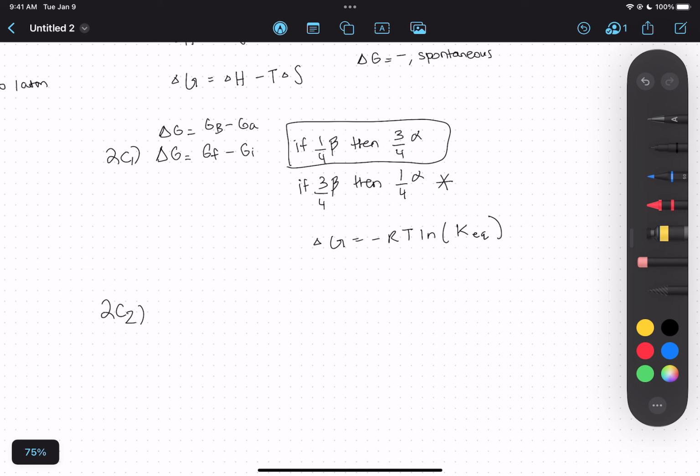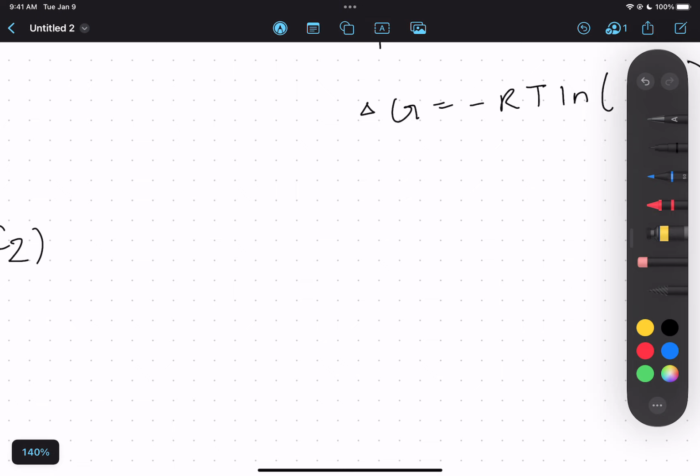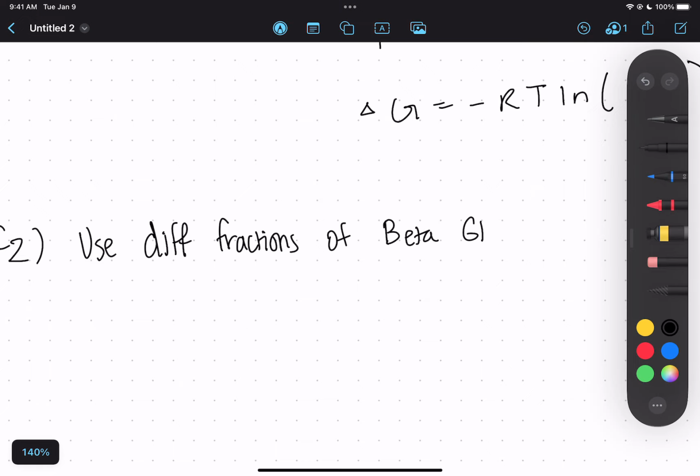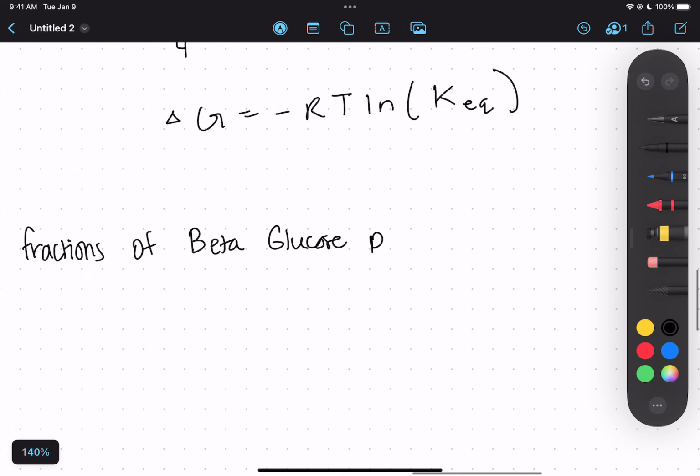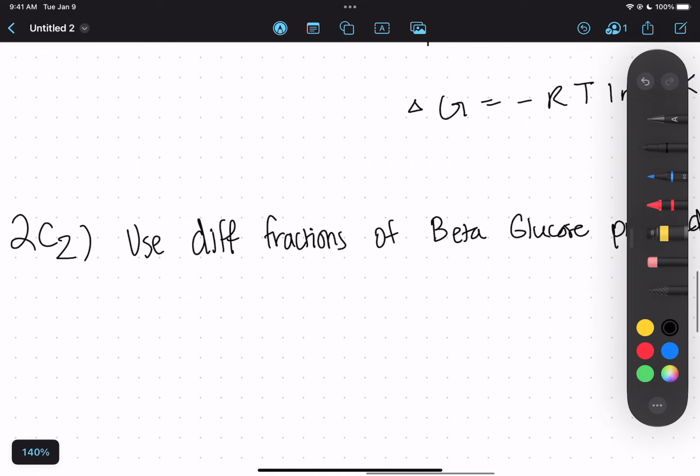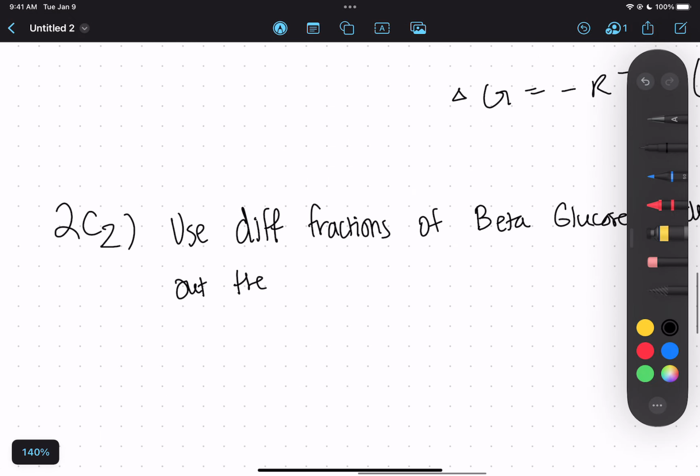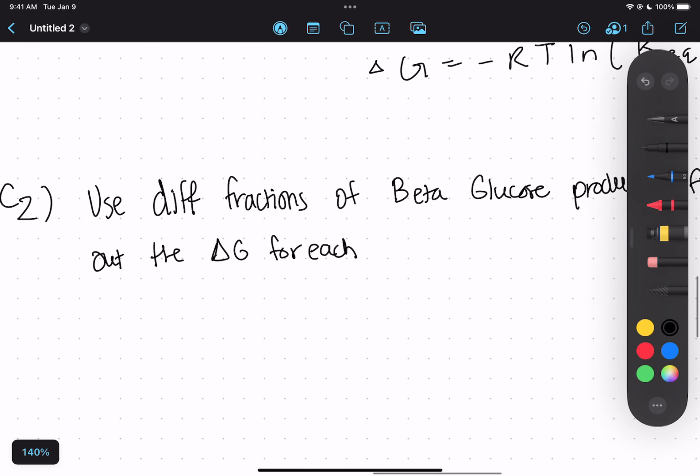And plot those values. So basically just use different fractions of beta glucose produced. Figure out the delta G for each of those fractions. If you did 1/8 or whatever, I wouldn't recommend those weird values. Maybe I'd do 0 as well.